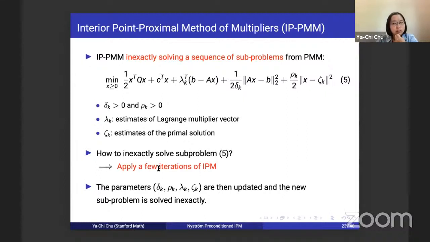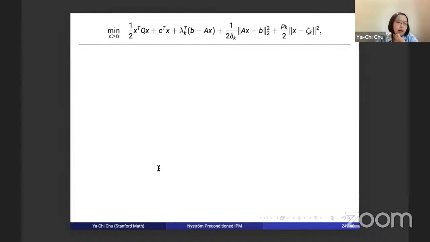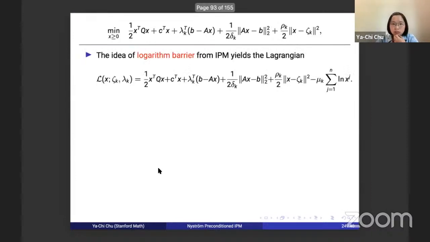Okay. So how do we mean by applying the idea of IPM to solve this problem? If we use the logarithm barrier idea from IPM, then it turns out that the Lagrangian we want to solve is the objective function minus mu times the sum of log of xj, because of the non-negative constraint here.